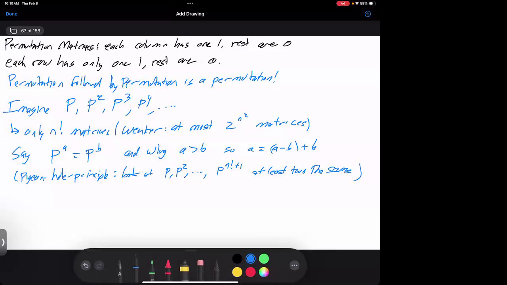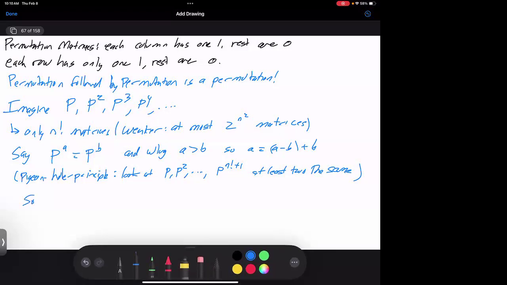So this means p to the a equals p to the b, that means p to the a minus b times p to the b equals p to the b. And I want to claim this means p to the a minus b is the identity. No matter what permutation you take, eventually you have to get to the identity.